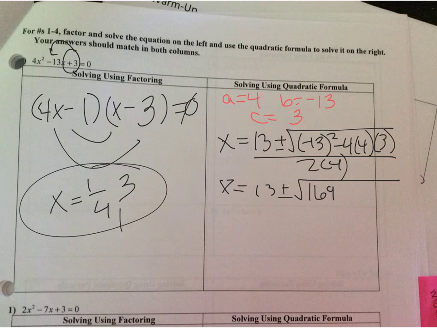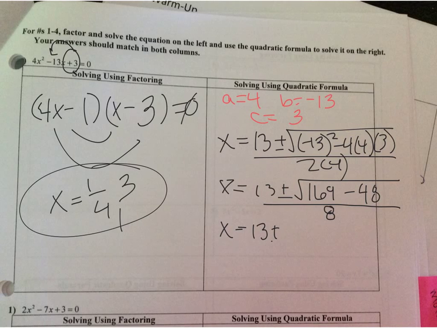Negative 13 squared gives me 169. This is going to give me 16 times 3, minus 48, over 2 times 4, which gives me 8.